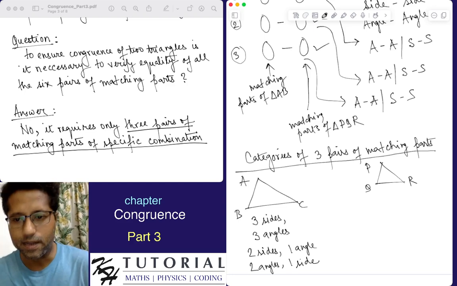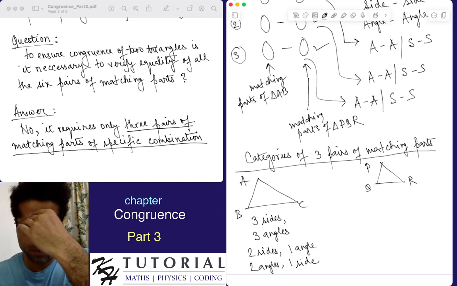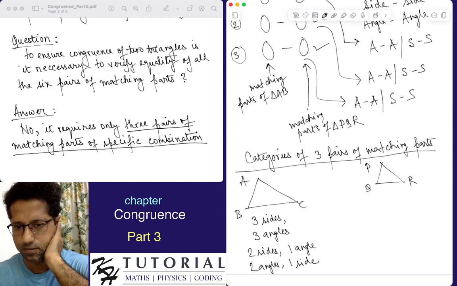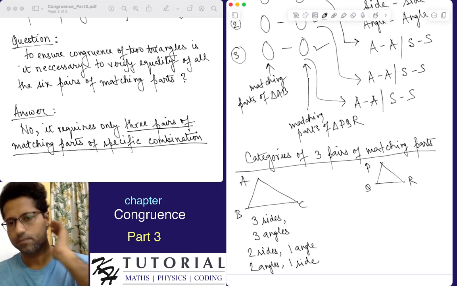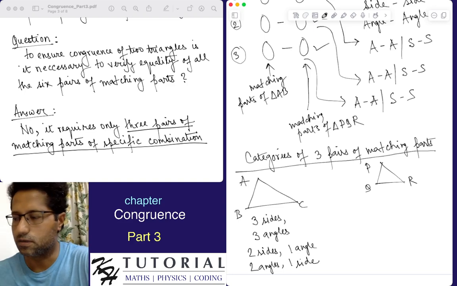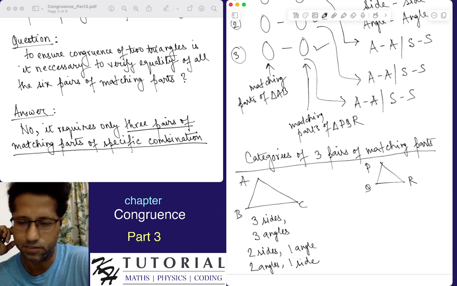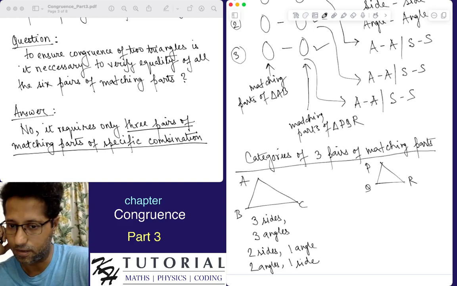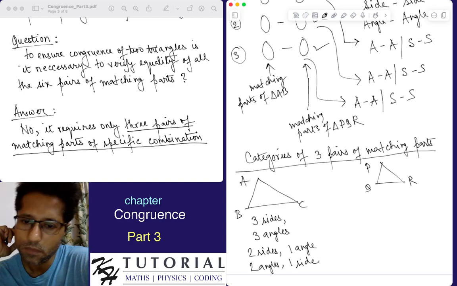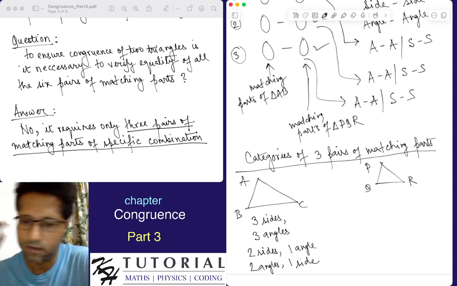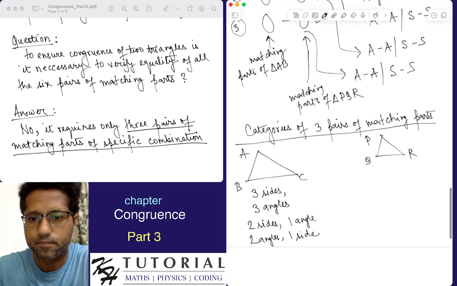So when you are trying to select three parts from triangle ABC, which you will compare with the corresponding three parts of triangle PQR, you will find that the three parts are either all three sides, or all three angles, or two sides and one angle, or two angles and one side.